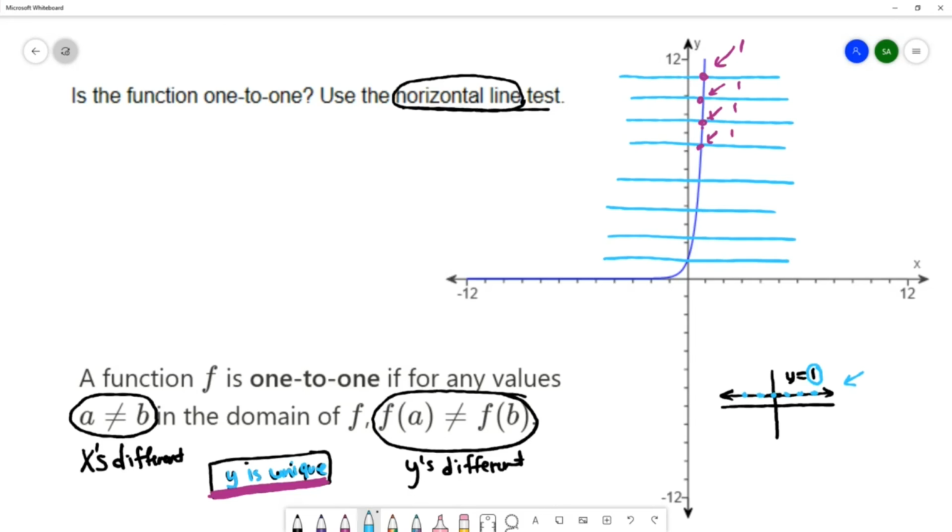Now the part that gets a little bit confusing with this graph is this part that I'm going to circle here. This part of the graph, it looks like the curve begins to turn into a horizontal line, which I just mentioned, the horizontal line is not one-to-one.